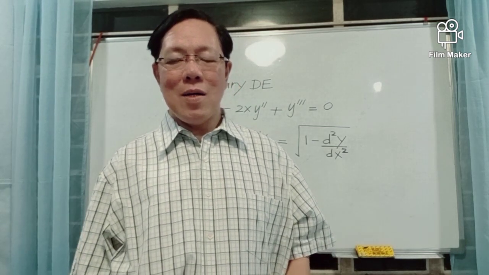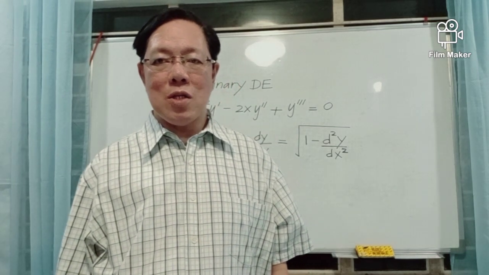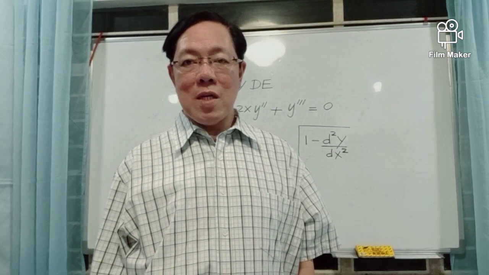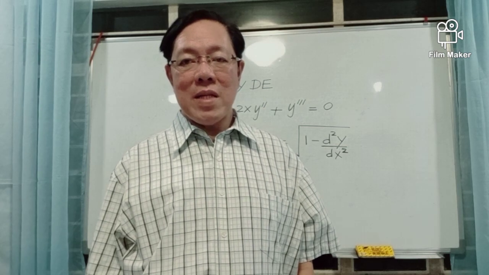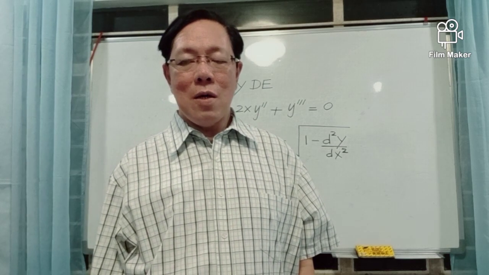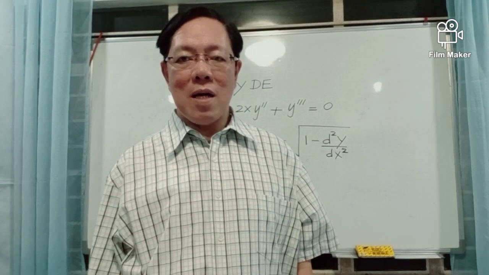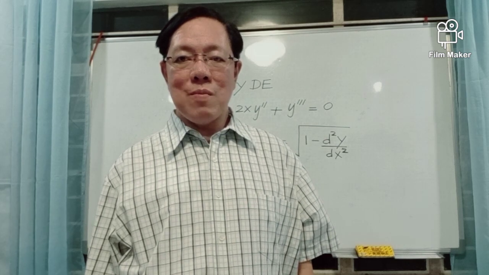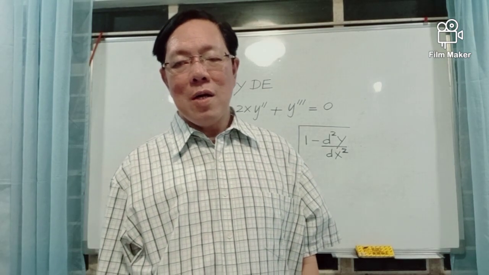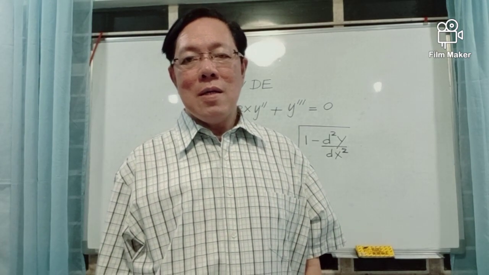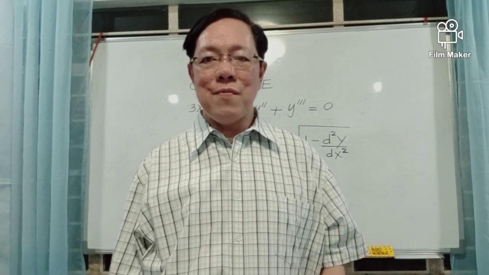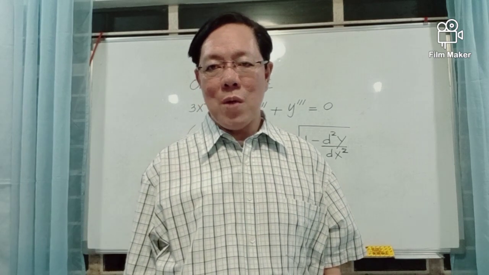Again, we have an ordinary differential equation if the differential equation contains the derivatives of the dependent variable y with respect to a single, only one independent variable x. And these derivatives of the dependent variable with respect to the independent variable are called ordinary derivatives. Let's take two more examples of ordinary differential equations.